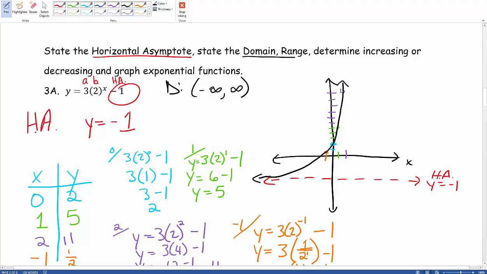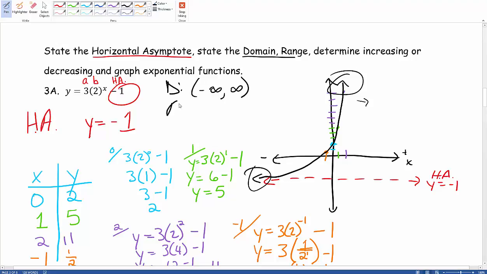And the reason for that is we can see clearly with these arrows that this graph will continue on forever in the negative direction. And this arrow right here is saying it's going to keep going upwards and upwards and upwards, but it is still kind of going over a little bit to the right into the positive direction. And so that's why our domain for any exponential function is negative infinity to positive infinity.